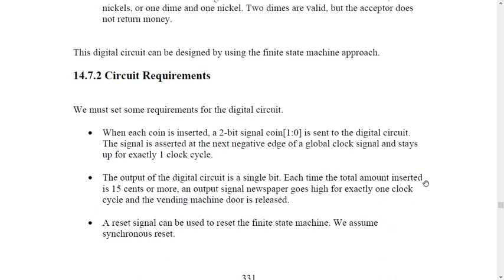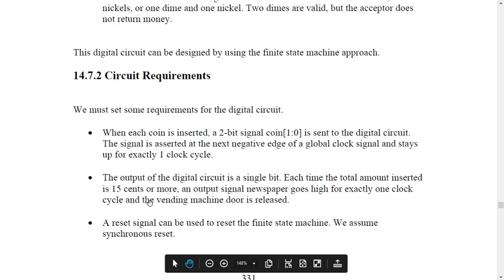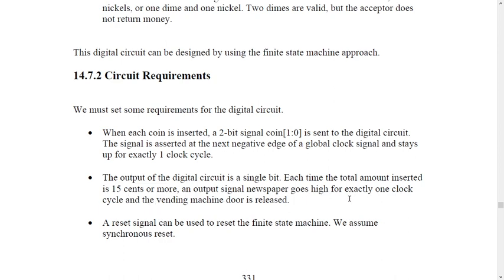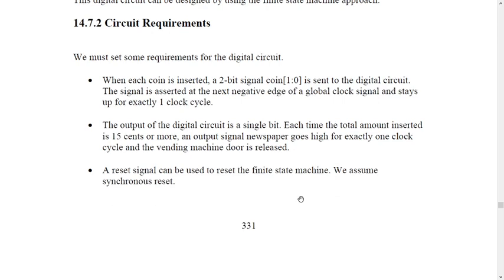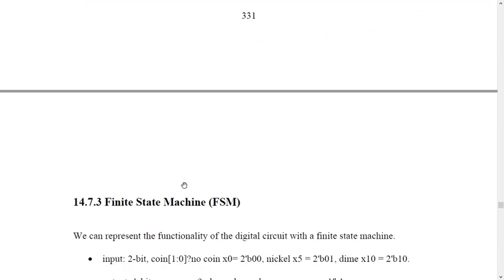Each time the total amount inserted is 15 cents or more, the output signal newspaper goes high for exactly 1 clock cycle and the vending machine door is released. A reset signal can be used to reset the finite state machine. We assume it is a synchronous reset.